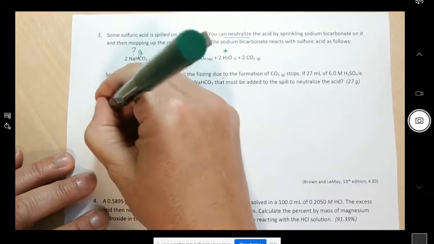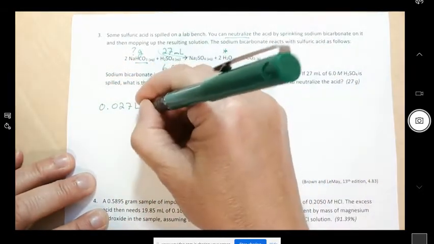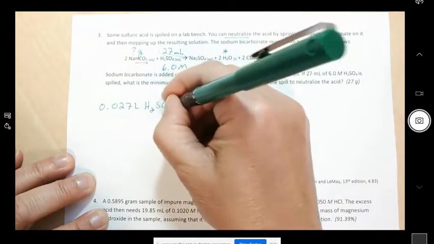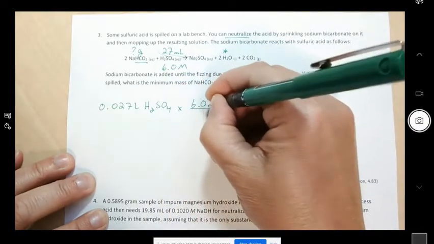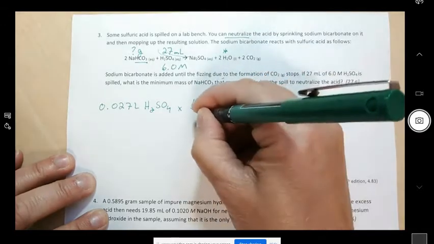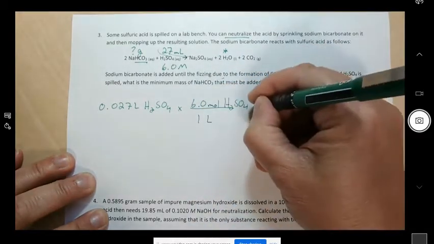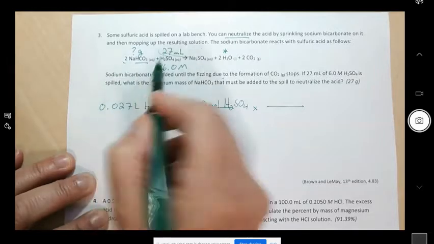So we've got 0.027 liters of our sulfuric acid, H2SO4. Now, we know that there are 6.0 moles of sulfuric acid for every 1 liter. Then we knew we have a 2 to 1 ratio.